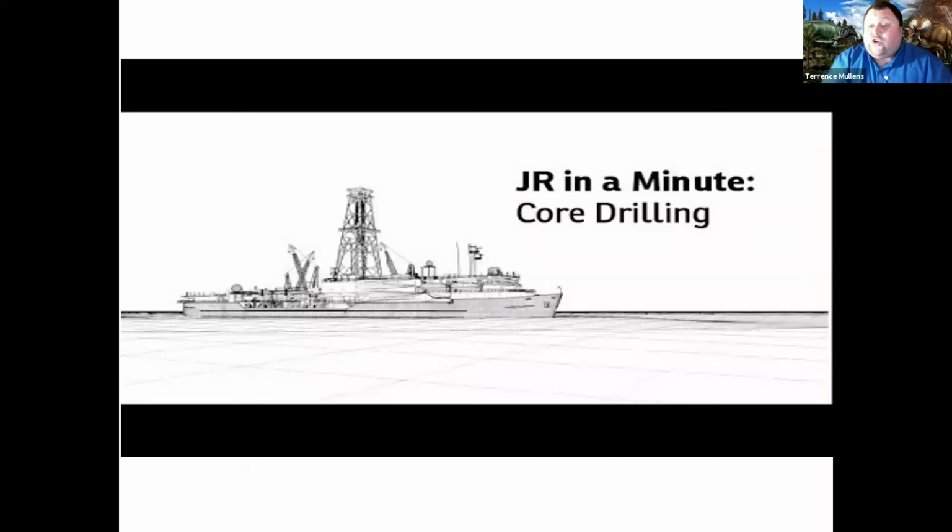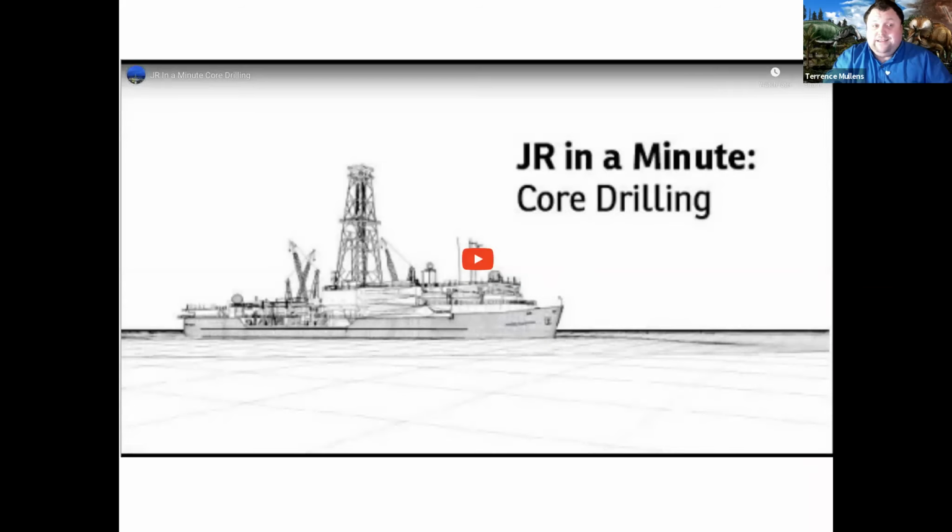And then finally, the third thing that we can use are what are called sediment samples. So this particular ship right here, this is the Joides Resolution. It actually goes out to the open ocean. It almost looks like an oil rig, but it goes out to the ocean, drills a long tube using a boring tool into the sea floor below, and then pulls out these long tubes of sediment.